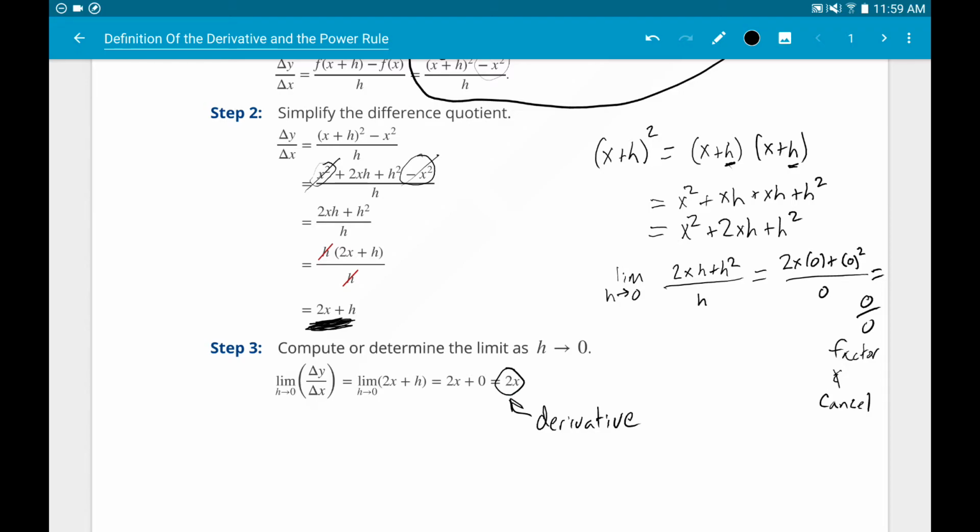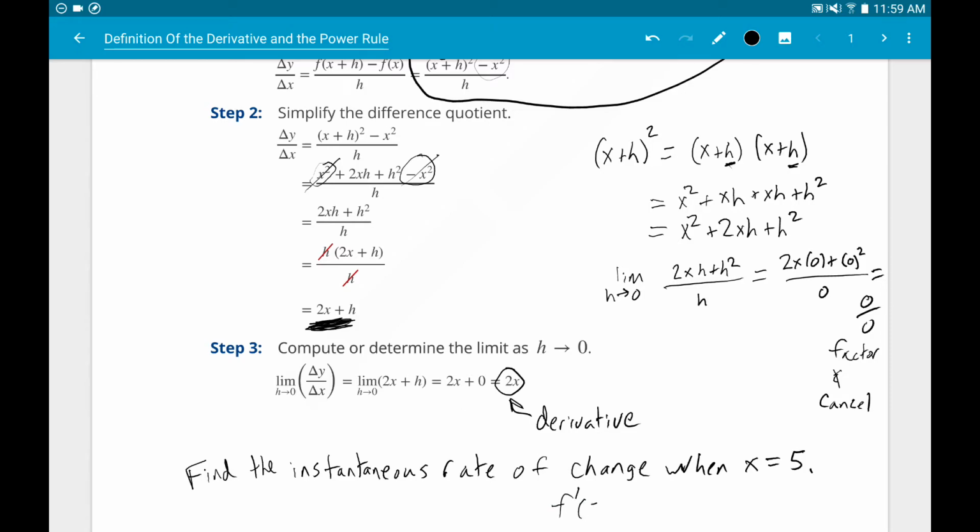If I wanted to, say, find the instantaneous rate of change when x equals, let's say 5, then all we'd have to do is plug in 5 for x in that derivative, and we'd get 10. 2 times 5 is 10.